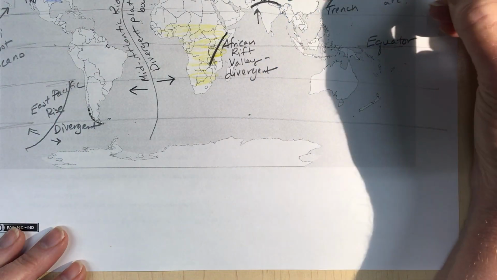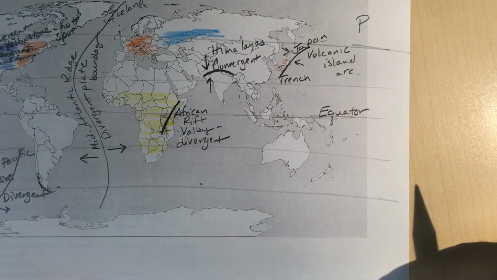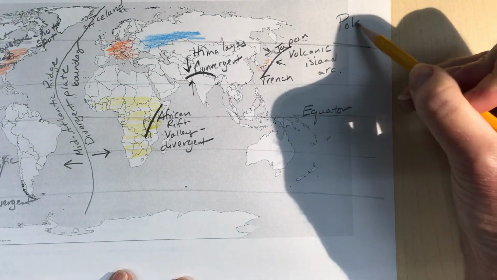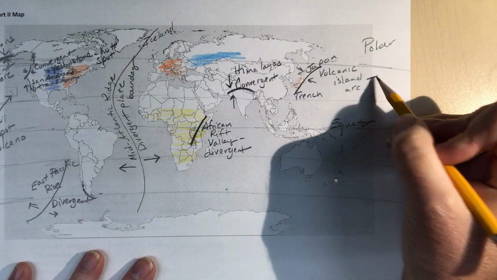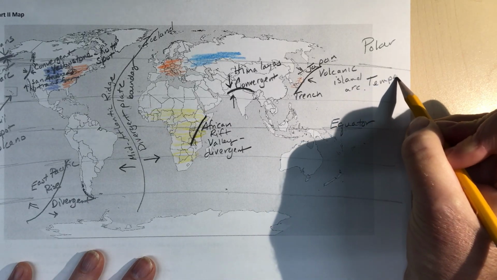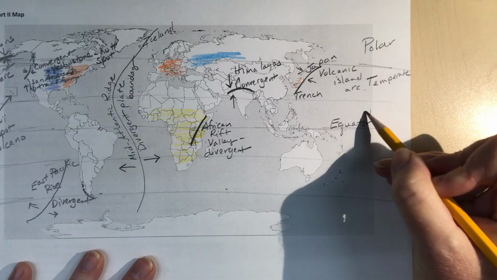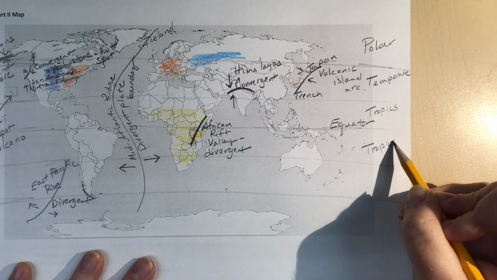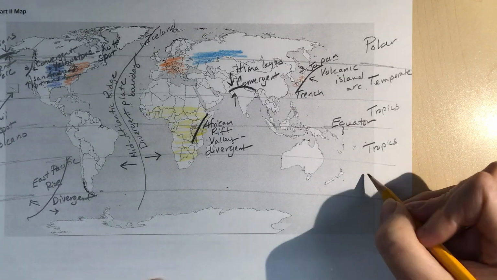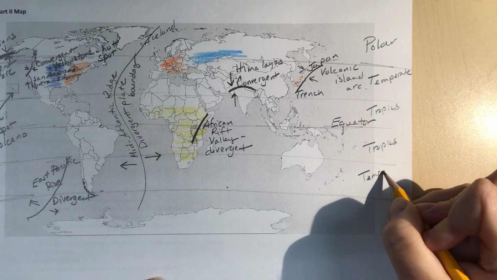So polar is kind of like that. Let me sort of zoom out a little bit so you can see it better. Then we have temperate, and then we have tropics. So this kind of helps you think about it, maybe on a test.